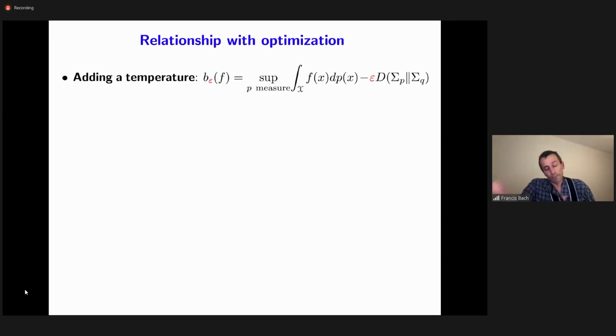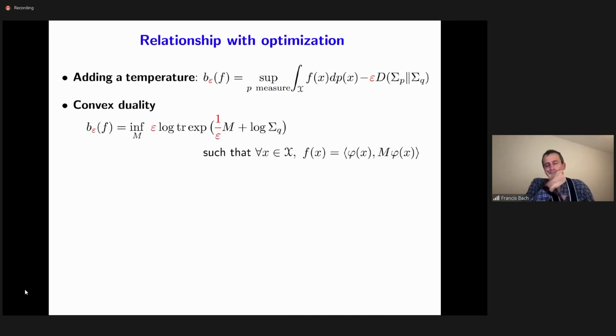Now you can play around with convex duality. I won't do the details here, but you can check that you get the convex dual of that. You see a log-sum-exp function, but in a spectral way.